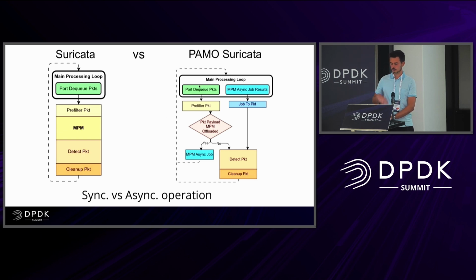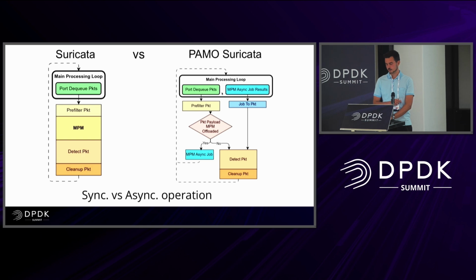In PAMO, as we were introducing the asynchronous operation, we pre-filter the packet, and if we see that we need to send it to the RXP engine, then we create the asynchronous job and send it to the RXP. If, let's say, the packet is only a TCP acknowledgement, then we just finish the processing of the packet.